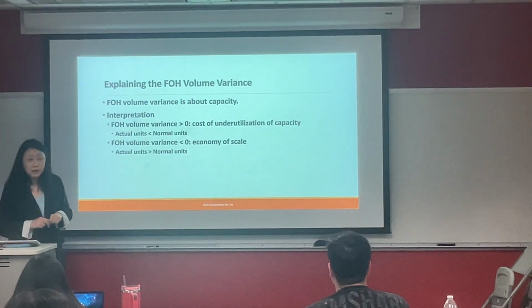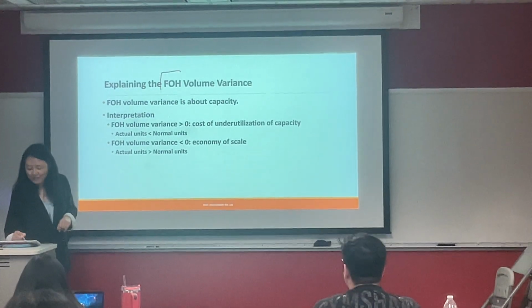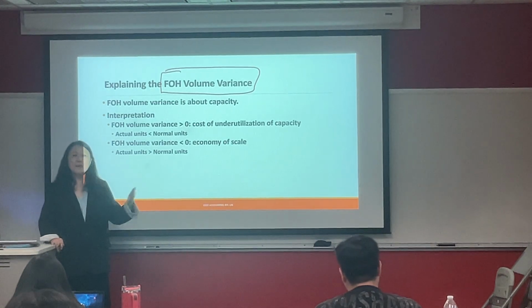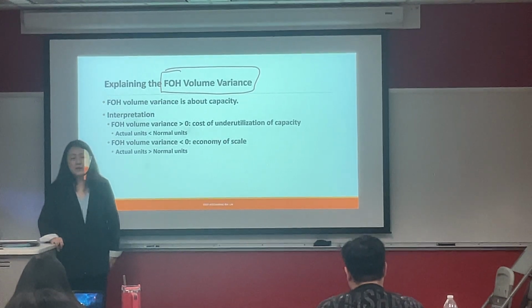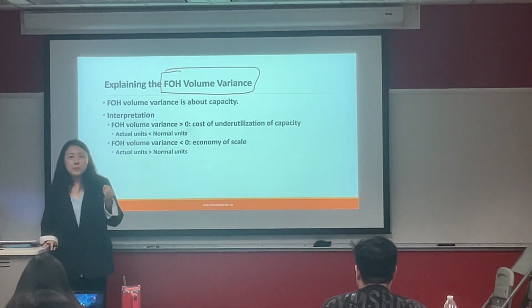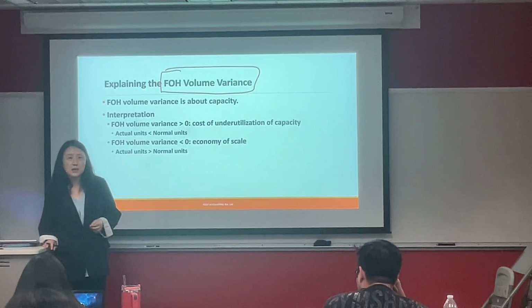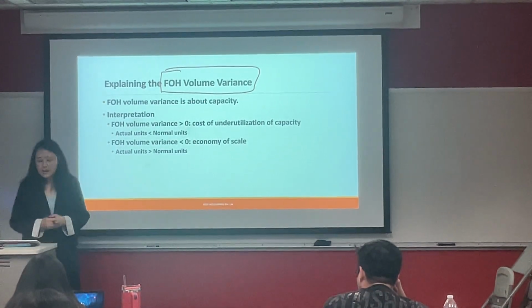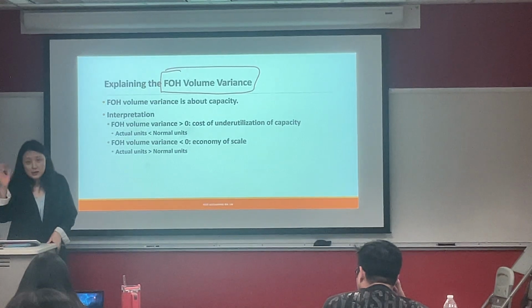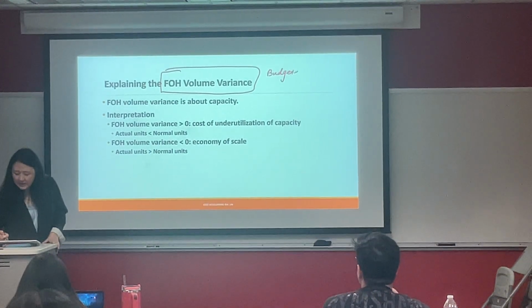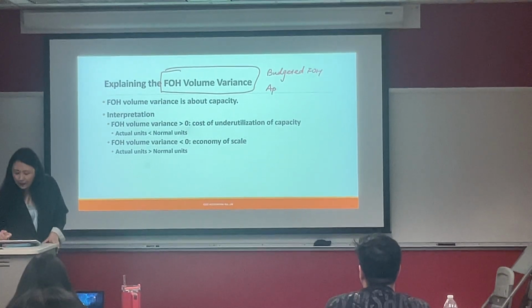Now, what's more important is actually the fixed overhead volume variance. If you think about the overhead variance analysis, the most important piece of information we provide to the manager is on this capacity, volume. So how do we calculate this? Using our trick. This is budgeted fixed overhead minus the applied or standard fixed overhead.